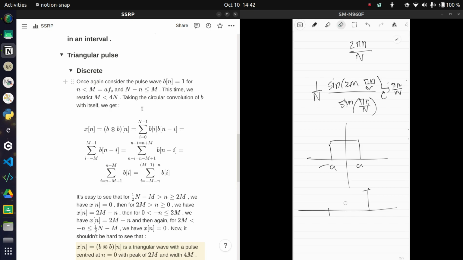Just think about a triangular function. At minus 2a you just have 1 over there. Am I doing it correctly?